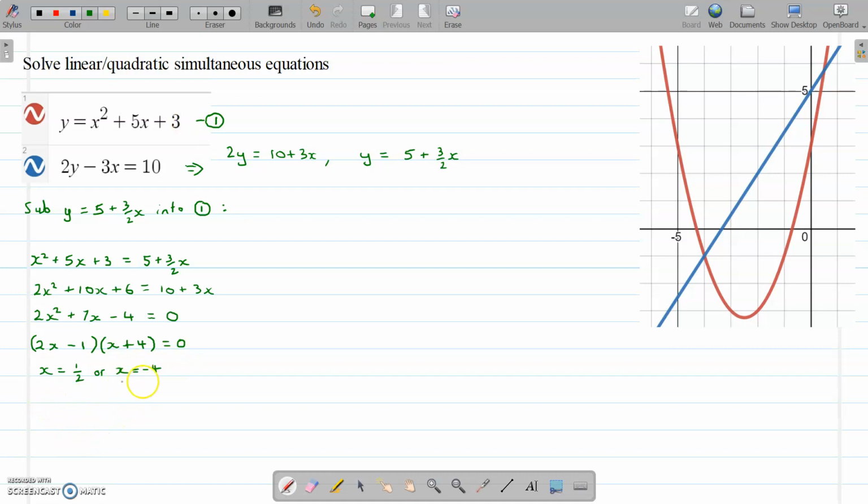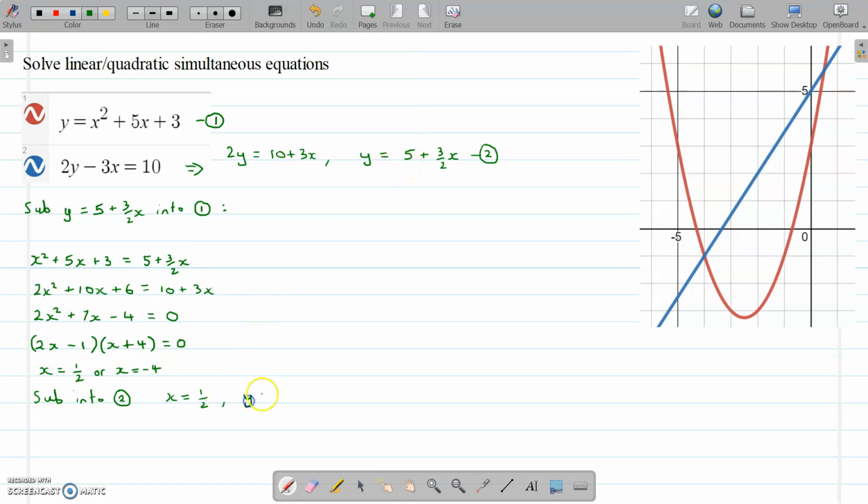We sub these into the linear, if I call this equation 2. Sub into 2, then I get that x equals 1/2, so I'm putting 1/2 into here.